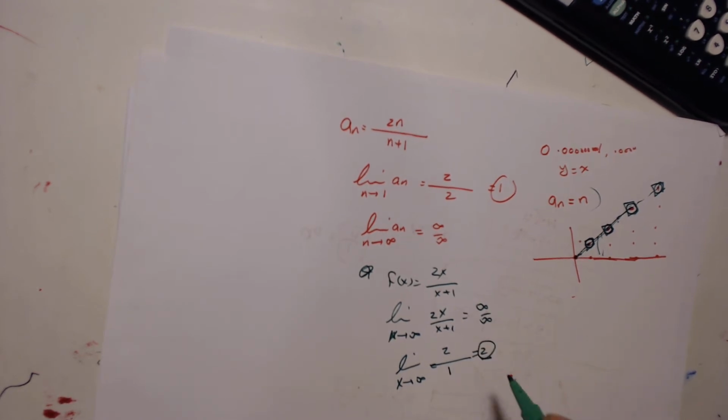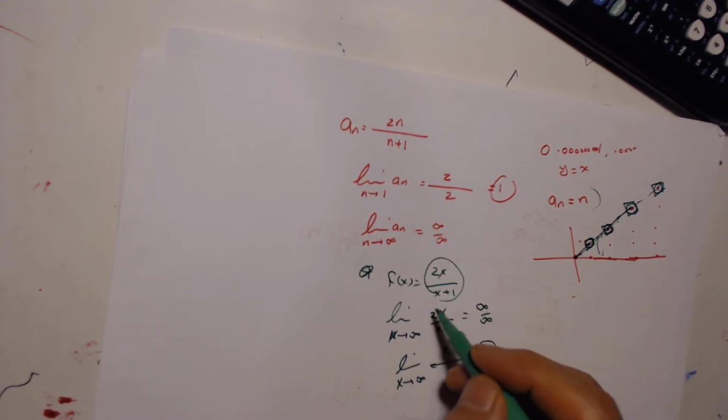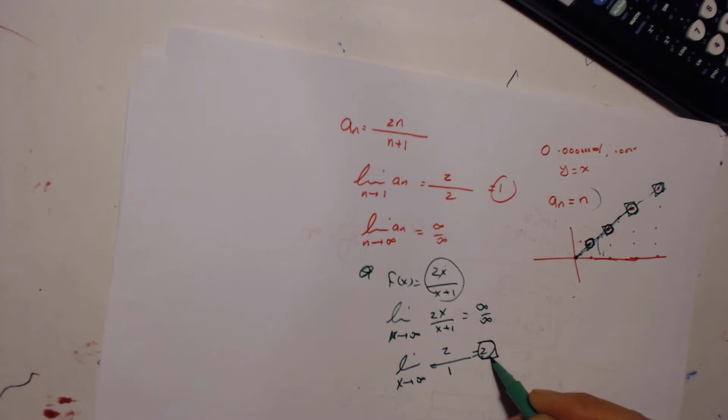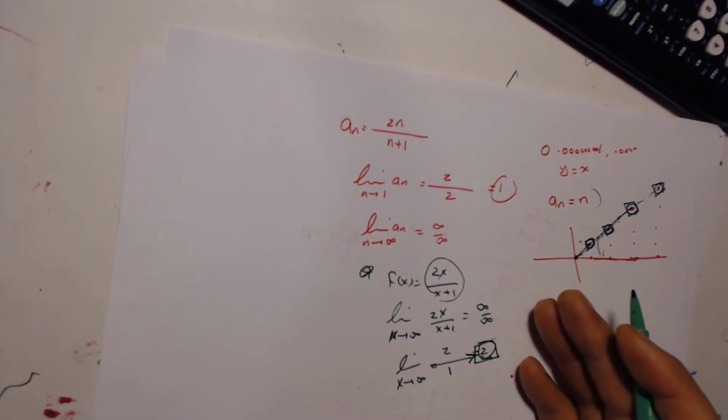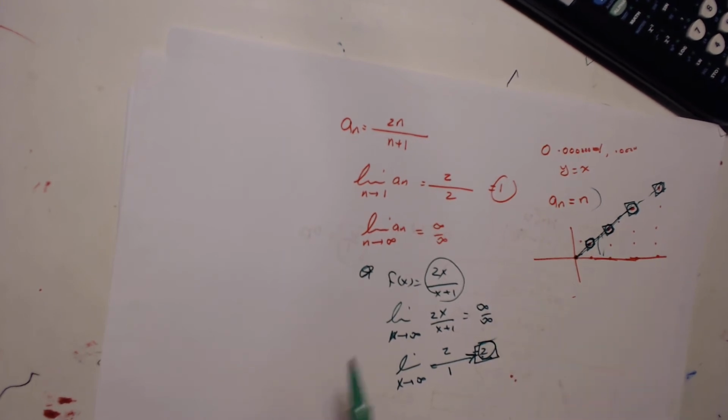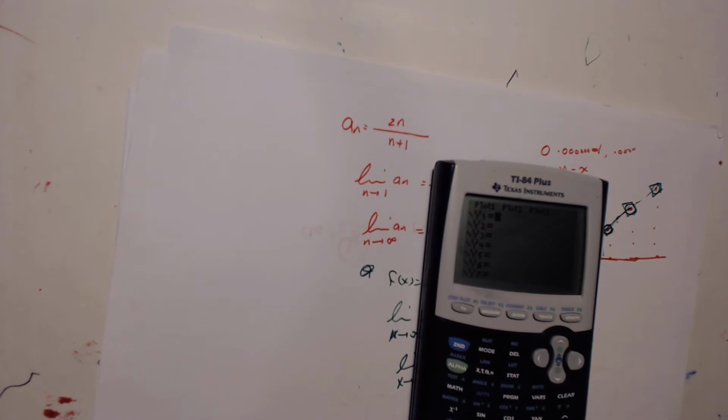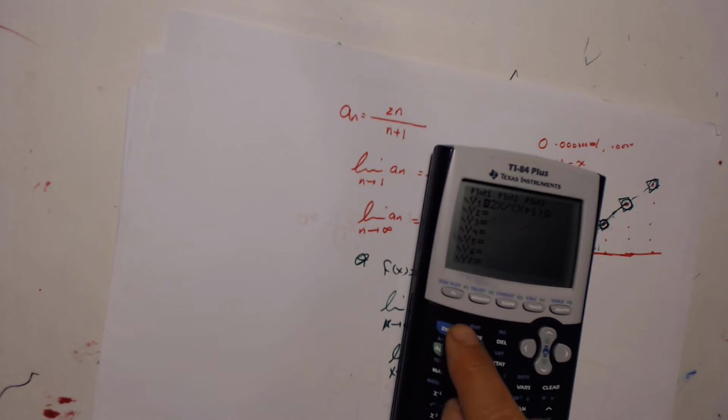Therefore, as x approaches infinity, I am approaching 2. Somebody said, what do you mean by that? Because if I go right here and plug into the function 2x divided by x plus 1, I ask, what is my y value when x is 1,000?